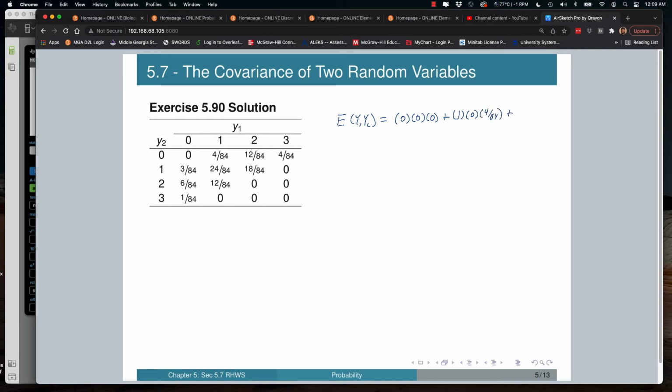Plus 2 times 0. You know what? I'm going to cheat this real quick and just go through it like this. This probability is going to be gone, this one, and this one, because they're in the 0th column, where the column value is 0, so that'll cut those all out. Because this row is 0, we're going to cut these guys out.